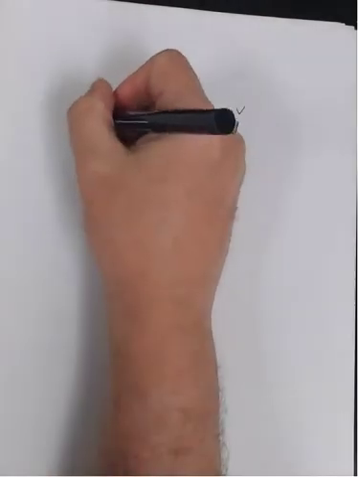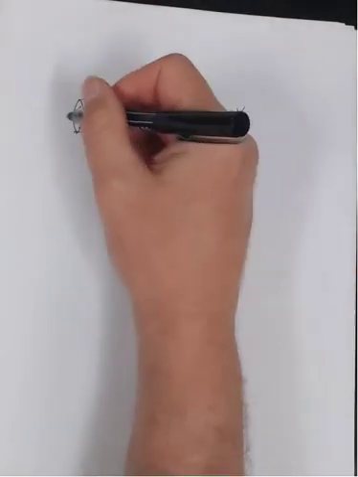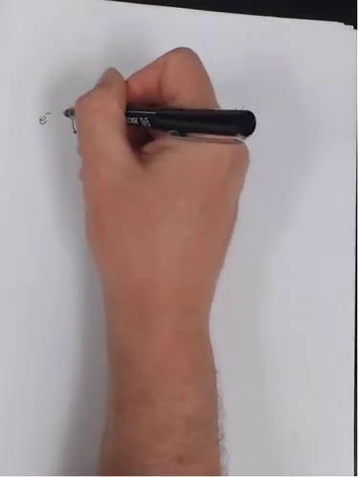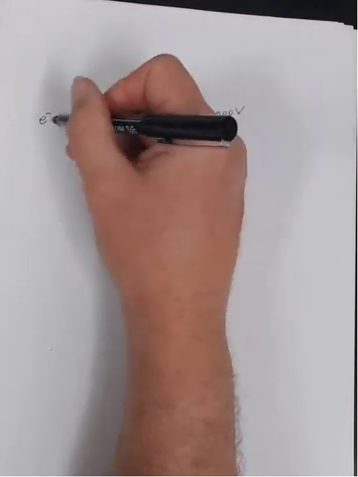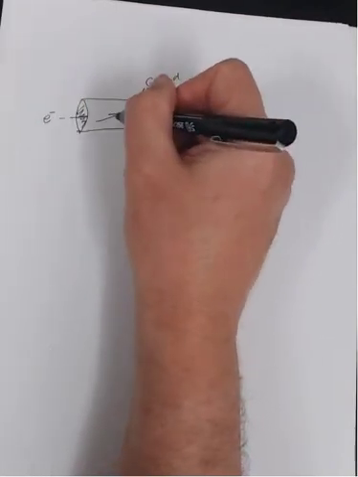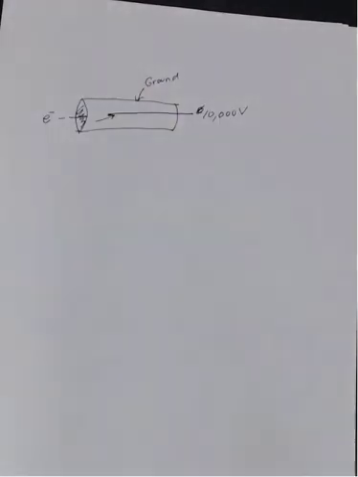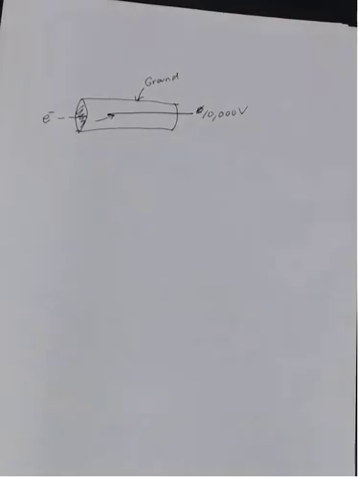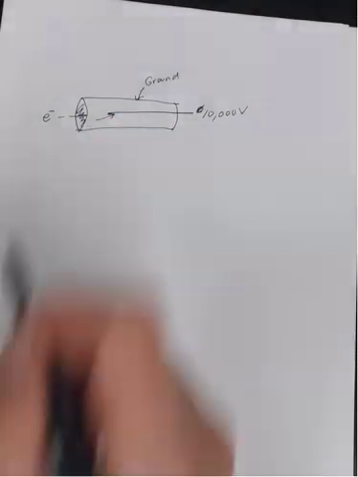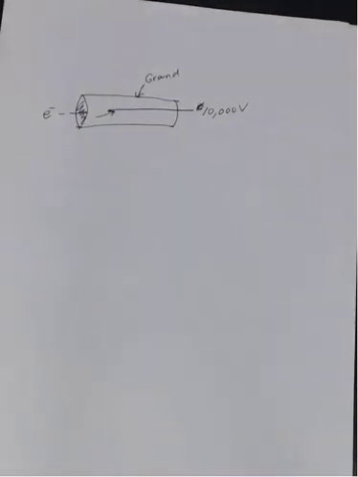Then you have a very thin window here that will allow electrons, for example, to go through. If they go through, this is positively charged, they're negatively charged, they're going to go right to that wire, and then electronics are going to count that as a pulse. And so you can count how many electrons, for example, come in here.